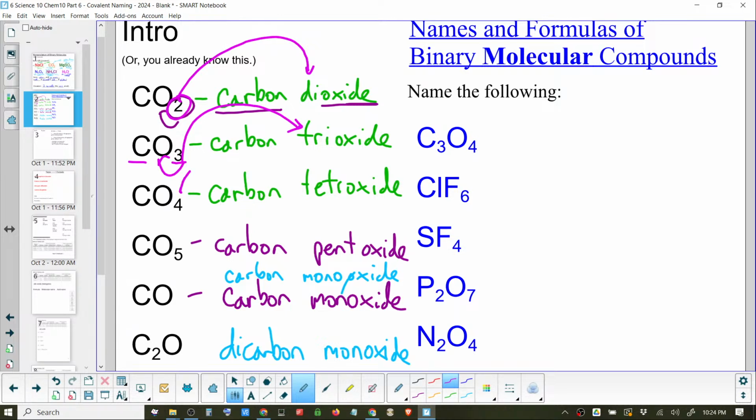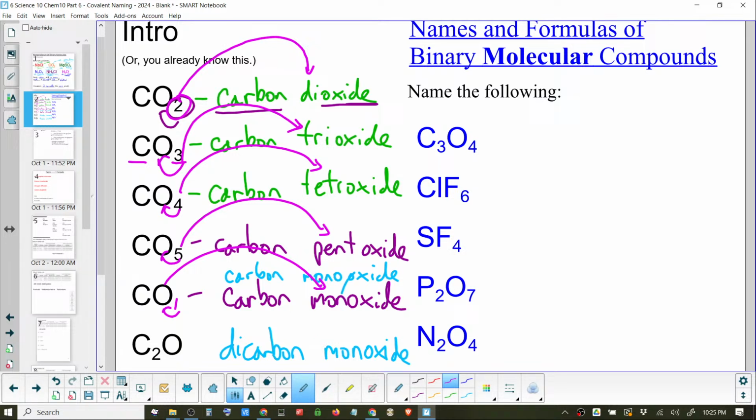Carbon tetraoxide. So there are 4 oxygens. There are 5 oxygens here, so it's carbon pentoxide. Now, there's only 1 oxygen there, so it's carbon monoxide. Notice we don't say monocarbon monoxide.